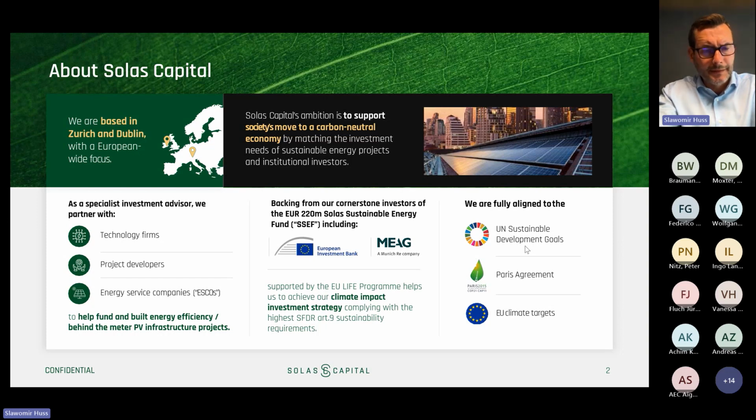Article 9 is the so-called dark green, the most green investment strategy you can imagine in the current environment. Not many funds qualify. We do, because we only do investments that are fully sustainable, and we look holistically at this topic.